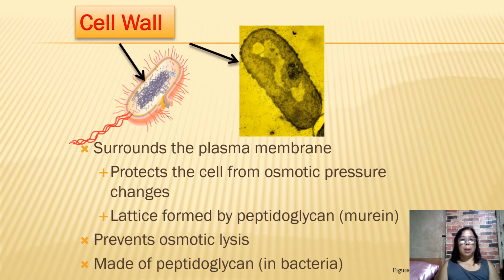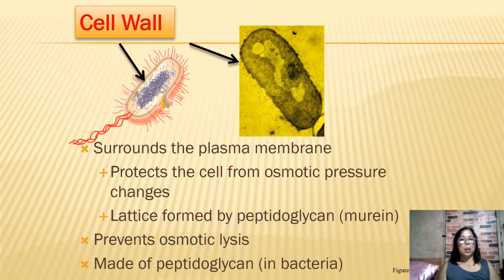So I repeat, the cell wall as part contains all those mentioned, the pili, the fimbriae, the flagella, and all other appendages. And these are actually anchored to what we call the cell wall. So the cell wall surrounds the plasma membrane, protecting the cell from osmotic pressure.